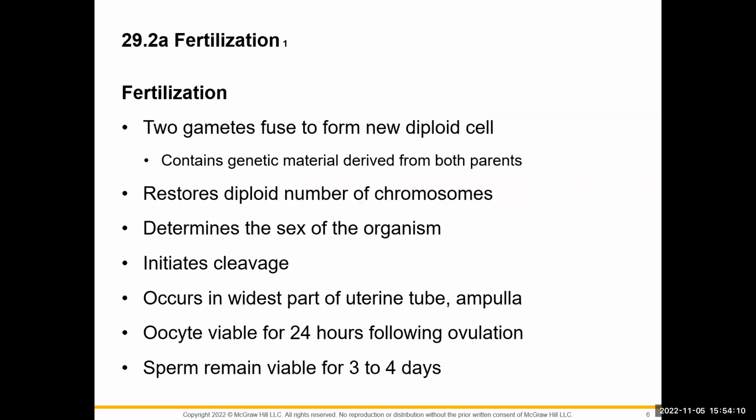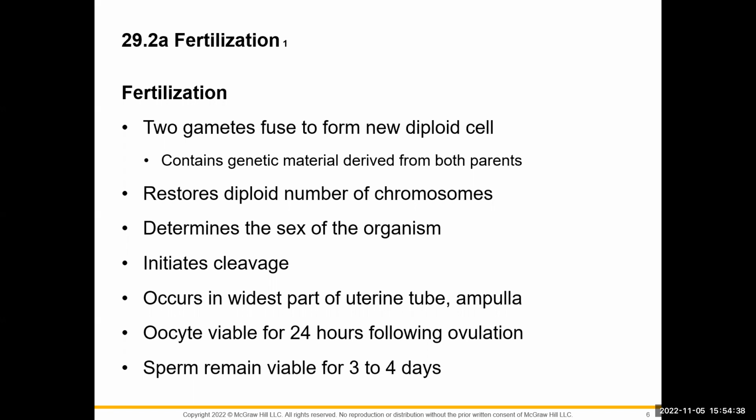Let's discuss what fertilization is and what happens to our newly formed zygote. We learned in chapter 28 about the journey of the sperm and the journey of the oocyte during ovulation, and when intercourse occurs, the sperm travel toward the secondary oocyte.